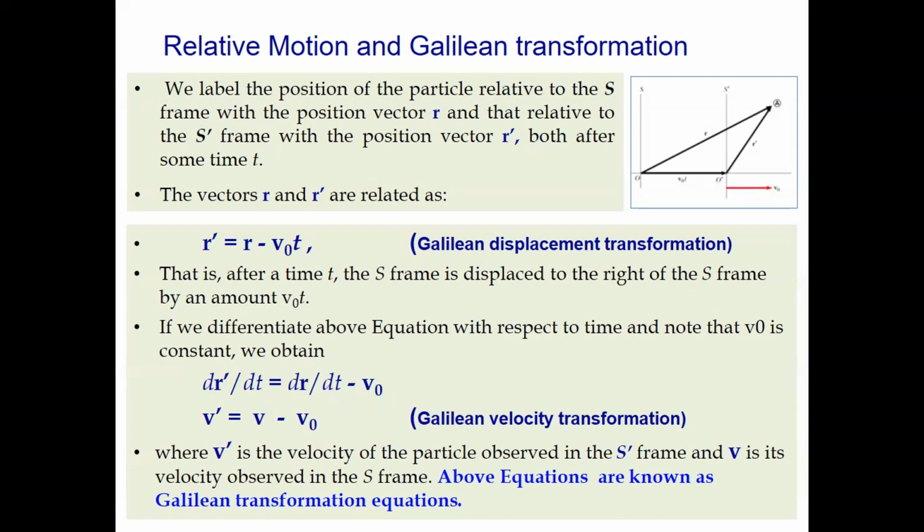So V dash is the velocity of the particle observed in S dash, and V is the velocity observed in the S frame. Both equations, the velocity transformation equation and the displacement equation, are part of the linear transformation equations.